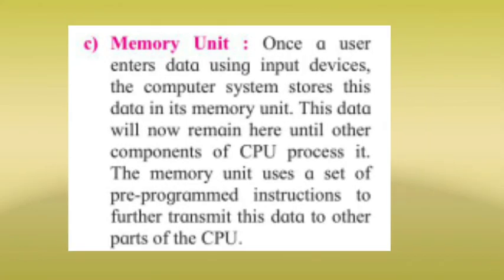Then the third major part of the CPU is the memory unit. Now guys, what is the role of the memory unit? Generally a computer consists of two types of memory, called primary memory and secondary memory. Primary memory consists of ROM and RAM. RAM stands for random access memory and ROM stands for read only memory.